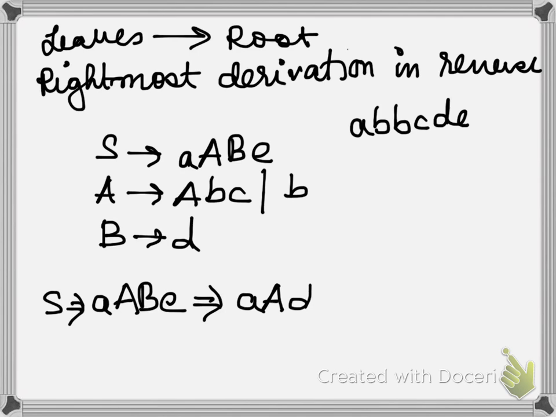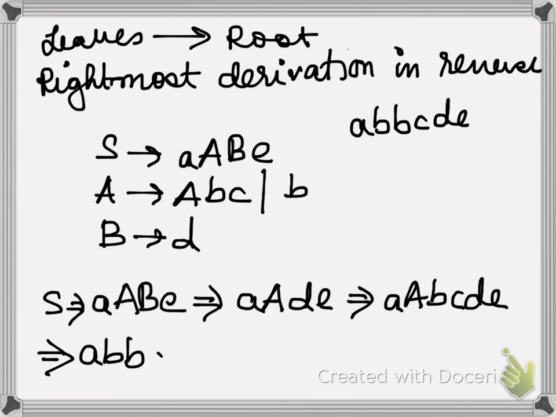B will be replaced by d. Then A would be replaced by A b c d e. Then here A would be replaced by a b b c d e. So this is the rightmost derivation of the string.